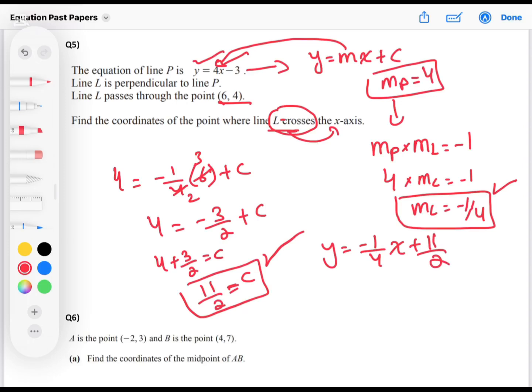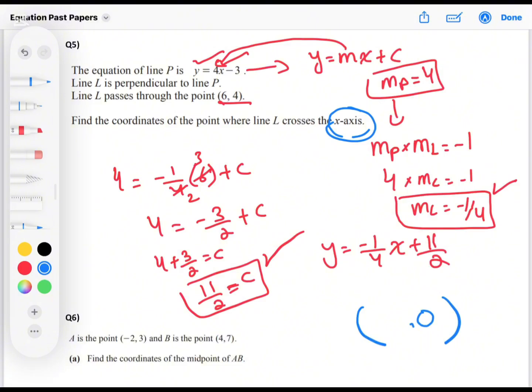Now we have to find the coordinate where L crosses the x-axis. You can see that where the line crosses the x-axis, y will be 0. So the first coordinate, y, is 0.